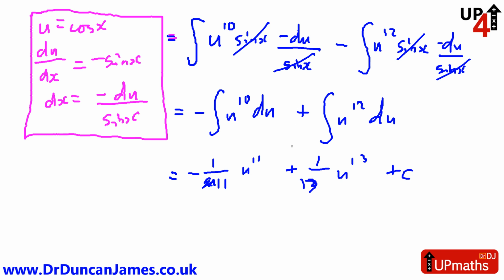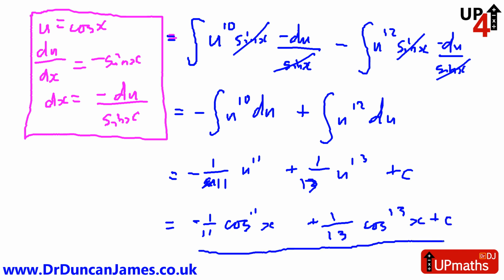Why do we only put plus c? Because you could write plus c1 plus c2 and then say c equals c1 plus c2. So let's finally write it in terms of x: minus 1/11 cos to the 11x plus 1/13th cos to the 13x plus c. That's the answer.